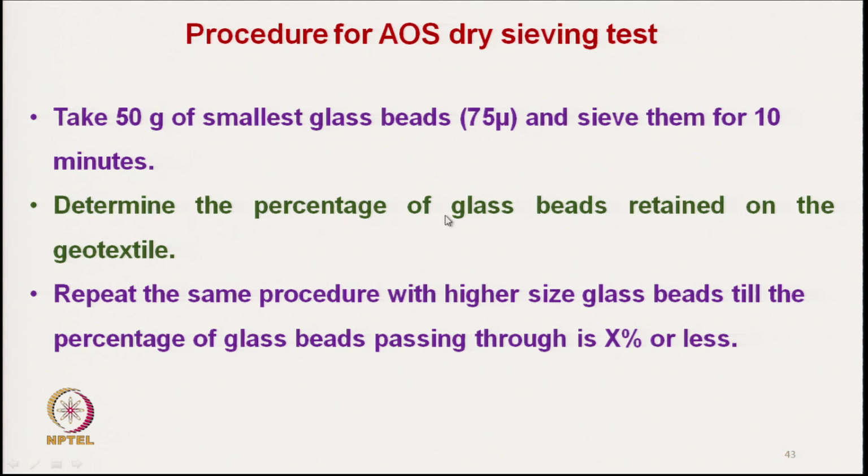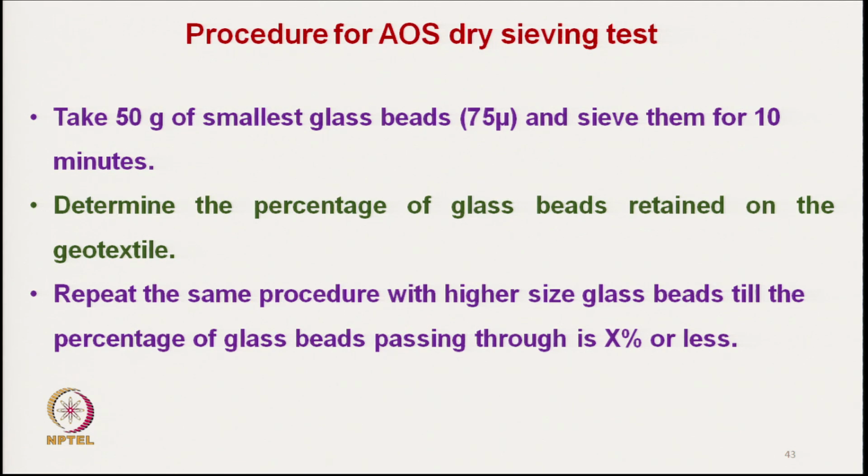Then we determine the percent of glass beads retained on the geotextile, and that same process is followed using a little bit larger size, till the percent of glass beads that passed through the geotextile is a certain known percent or less, and that will keep on repeating.